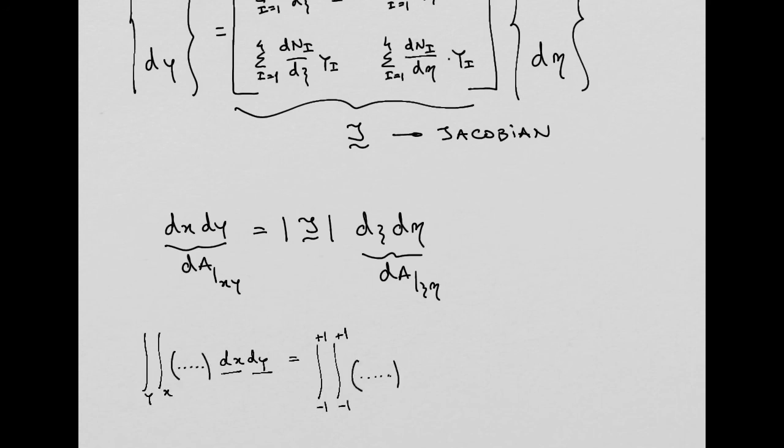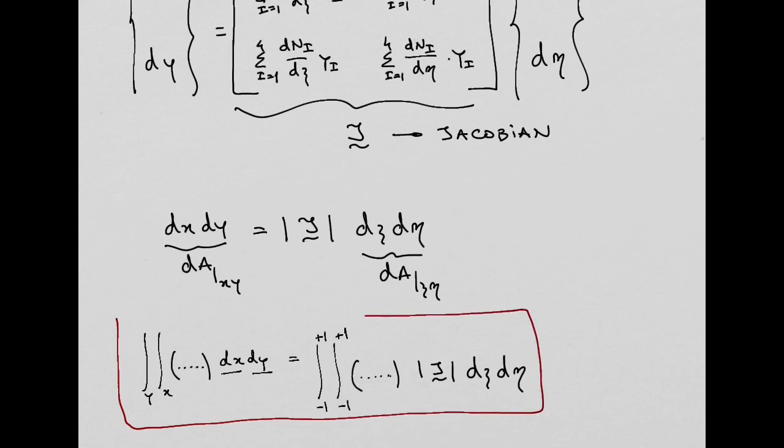So dx dy is going to be equal to the determinant of Jacobian multiplying dxi d eta. And this is a very important point that we are going to use for our plane stress example, okay?